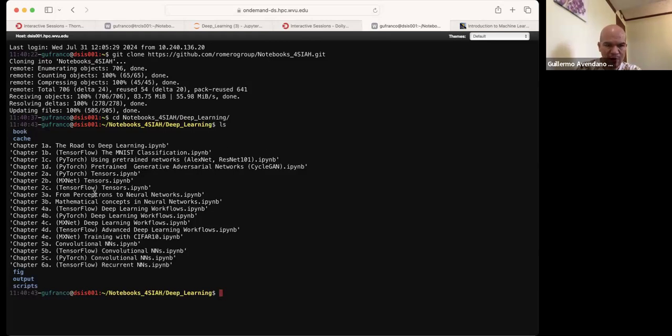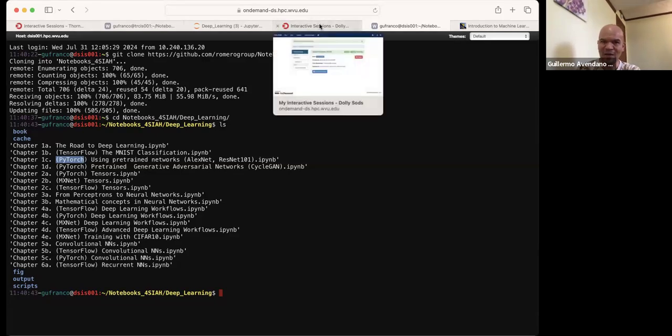And by the way, I put in those notebooks, if you want to see, because we don't have time for running all of them, the framework that is used for each of them. Some of them will use TensorFlow, some others will be using PyTorch. I have one example, and a few examples that use MXNet. So I have a description of which is the right framework for that notebook.